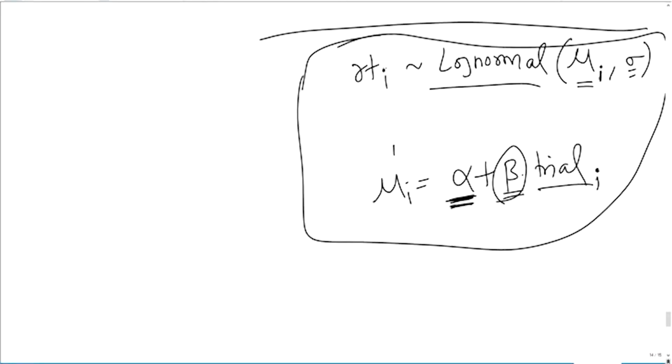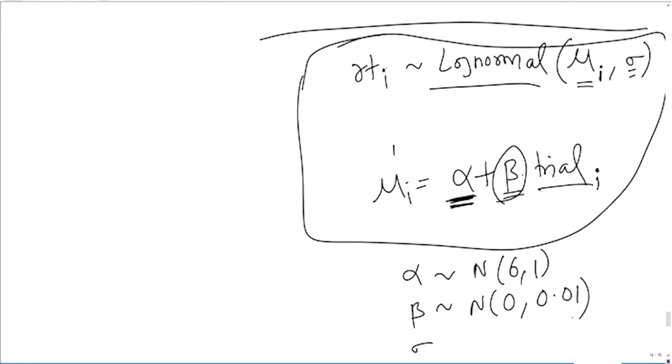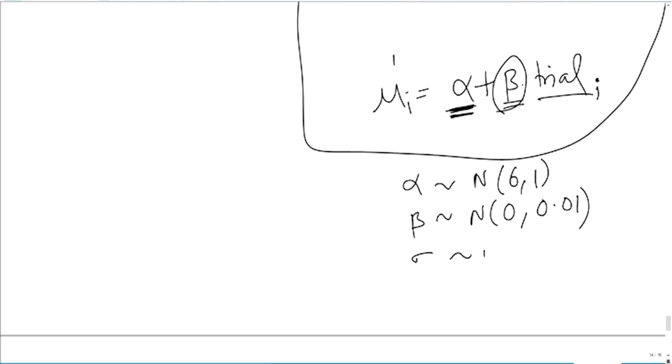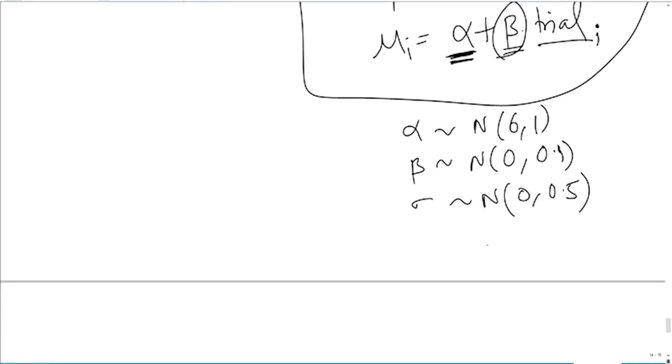So now you have three parameters, alpha, beta and sigma, and you need to define priors for all three. Let's say for alpha you define a normal 6, 1 prior, for beta you define a normal 0, 0.01 prior. You can have a slightly less informative normal 0, 0.1 as well. And normal 0, 0.5 for sigma. These are priors on alpha, beta, sigma.